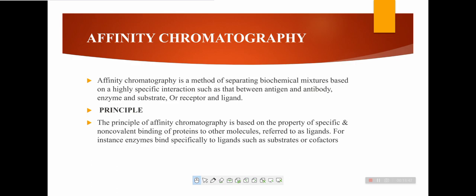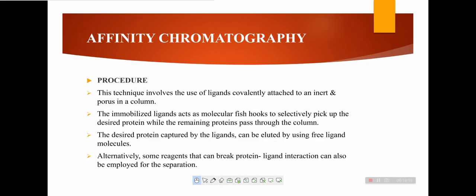As the mixture of proteins is passed through the chromatographic column, those proteins that have a binding site for the immobilized substrate will bind to the stationary phase, while all other proteins will be removed in the void volume of the column. So, this is the principle of affinity chromatography.